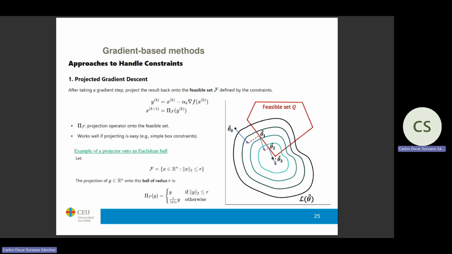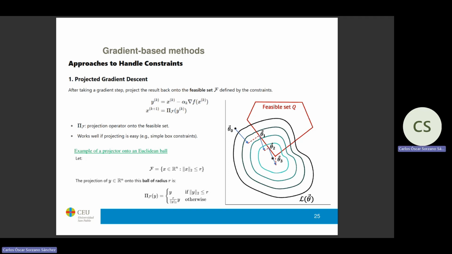Okay, so let's say this is your initial point. With gradient descent, you move to here, and then you project, and then you move to here, you project, you move to here, you project. So it is an alternating mixture between gradient descent and projections onto the feasible set.